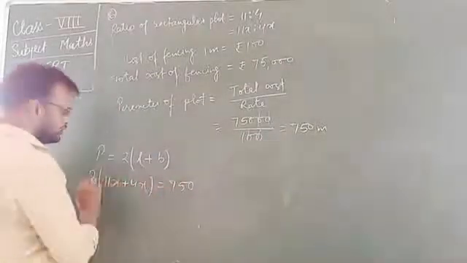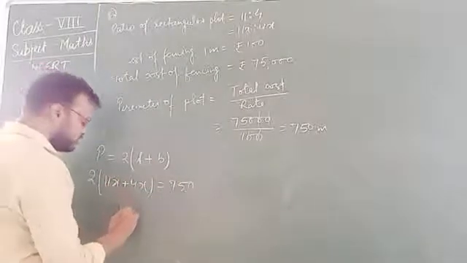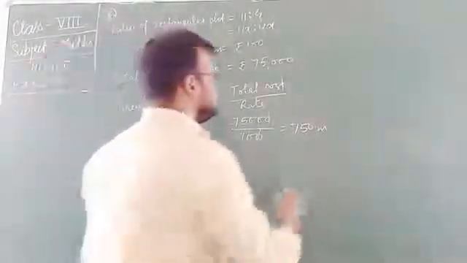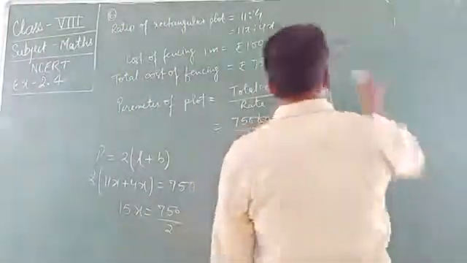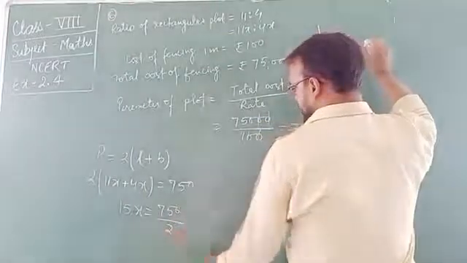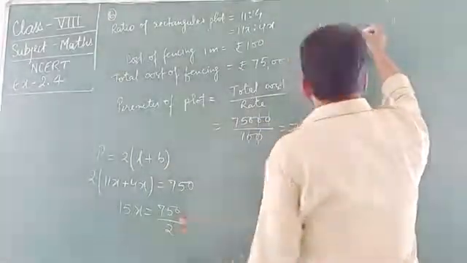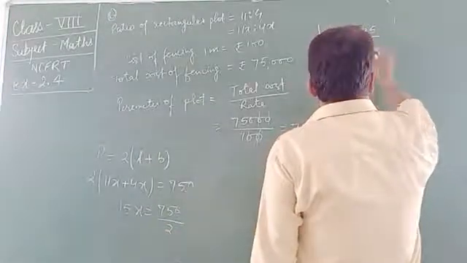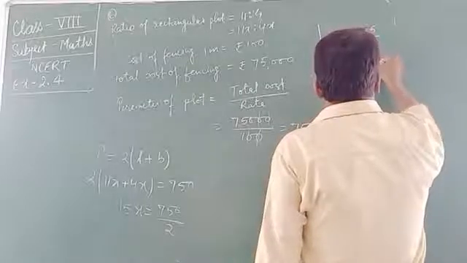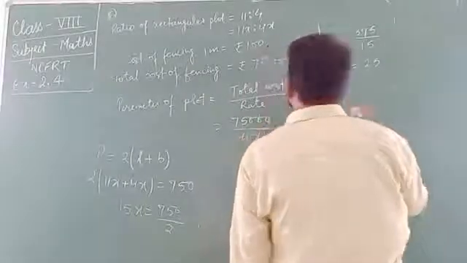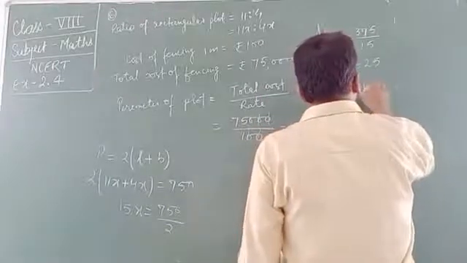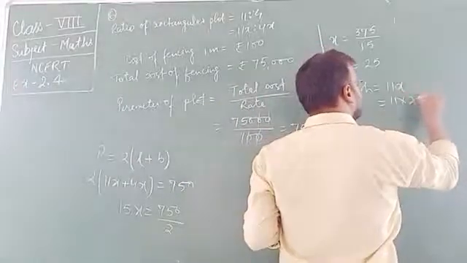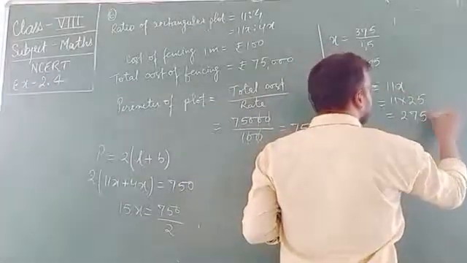Now transfer 2 to the right side and 11 plus 4, this is 15x equals 750 upon 2, that is 375. So x equals 375 upon 15. 15 times 2 is 30, 15 times 5 is 75. So x equals 25. So length equals 11x, so 11 into 25, that is 275 meter.